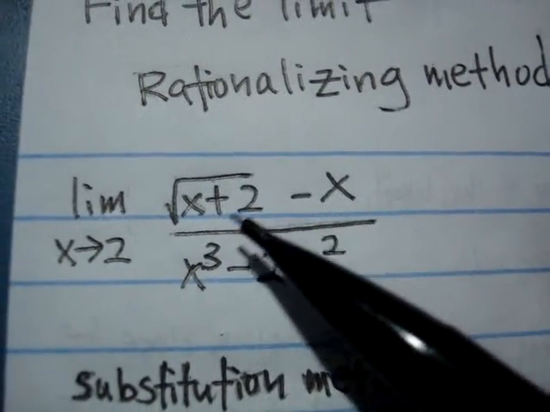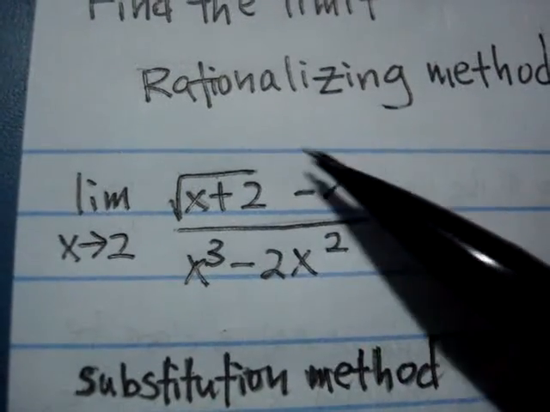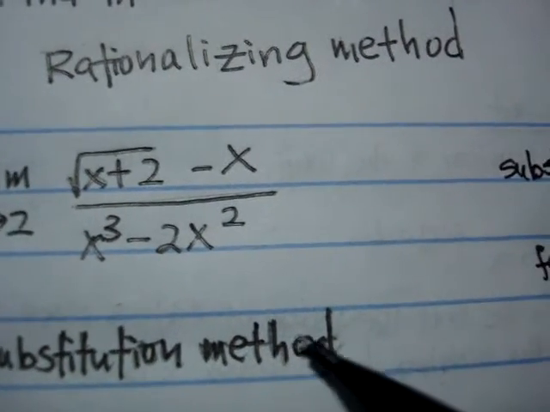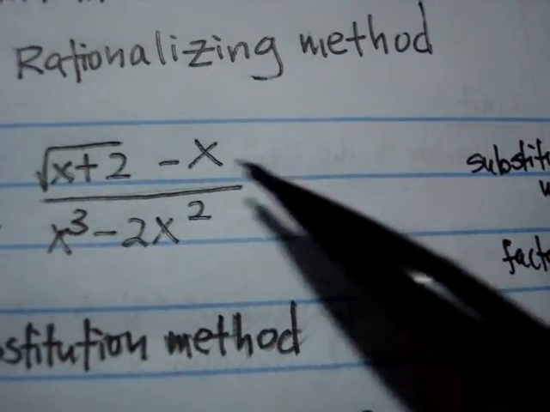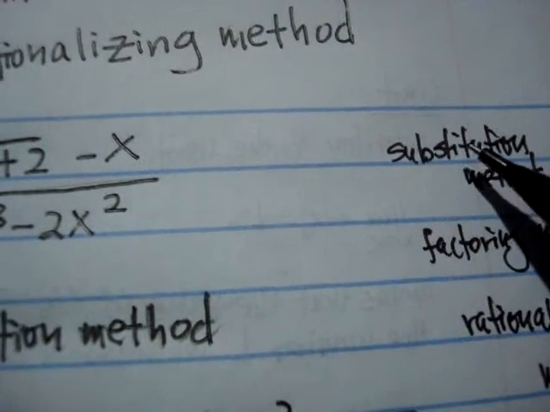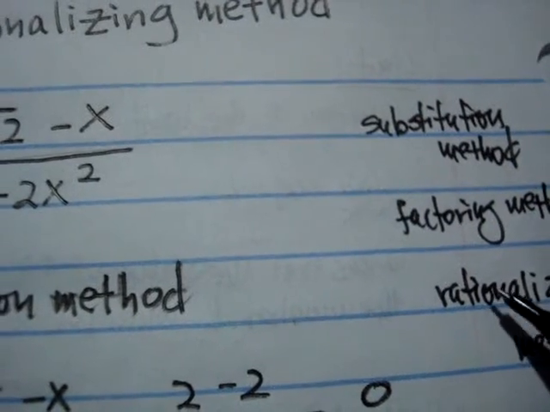So the first thing you need to do for this given limit expression is to use the substitution method, because every time you encounter a limit problem, the three methods that you should keep in mind are the substitution method, the factoring method, or the rationalizing method.